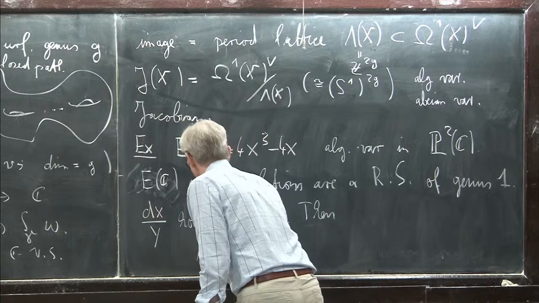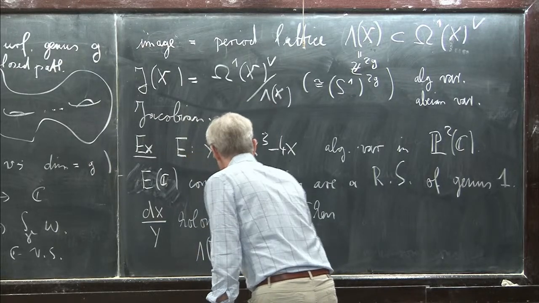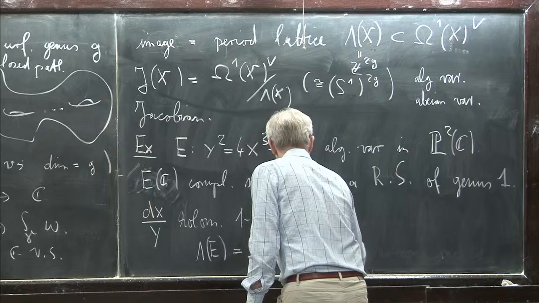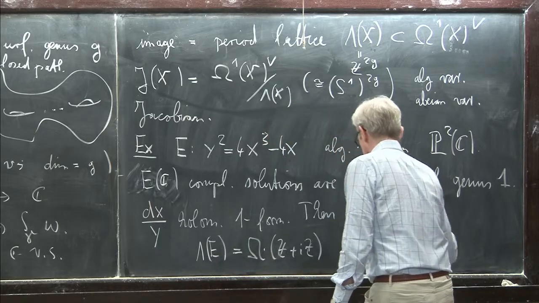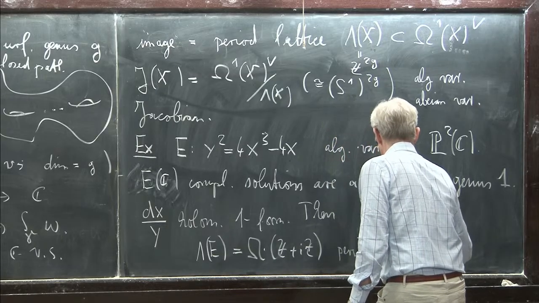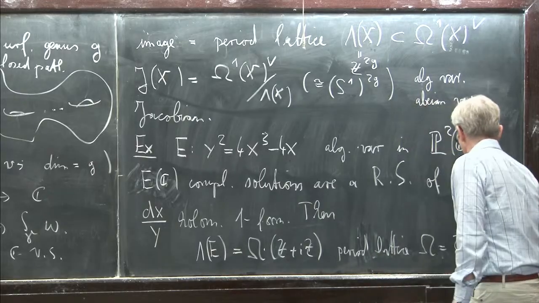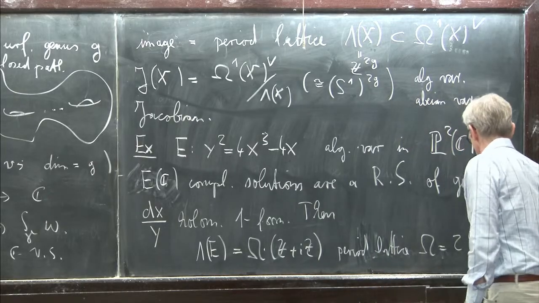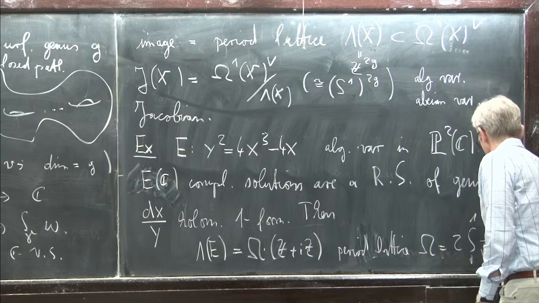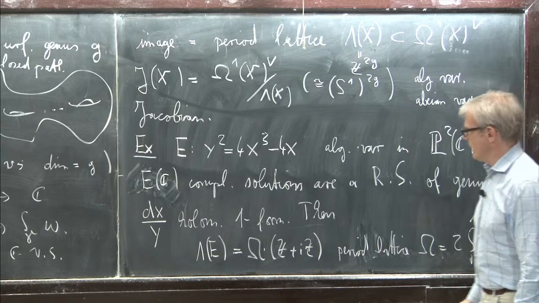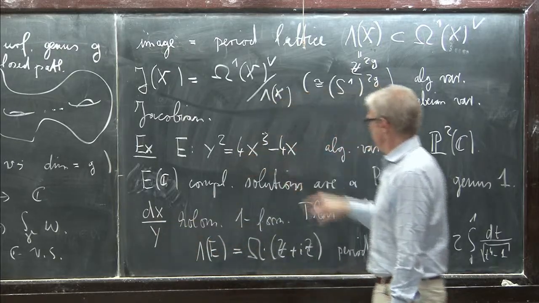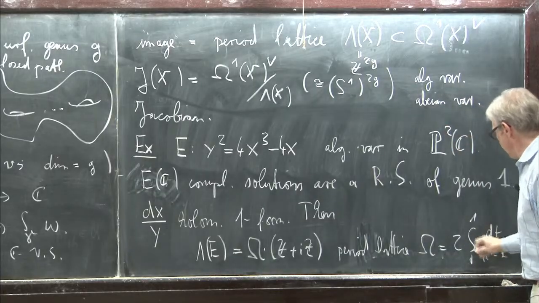So lambda of E is given by omega times Z plus iZ, and omega is just the omega we had before. So this is the integral from 0 to 1 of dt over square root of t to the 4 minus 1. And that's now an easy exercise in calculus, because you express y in terms of x, and then you do some substitution to get at this integral.